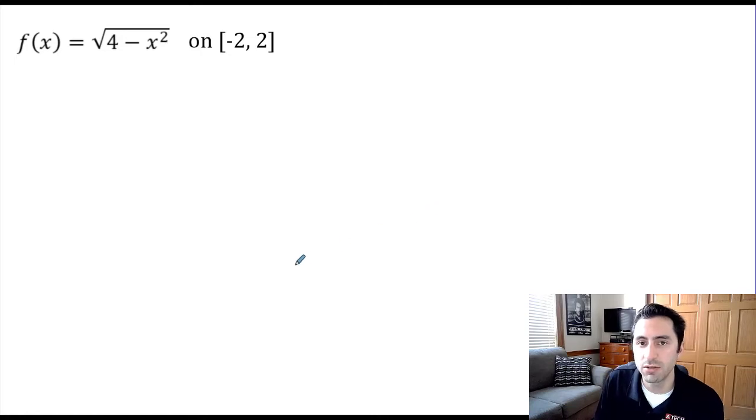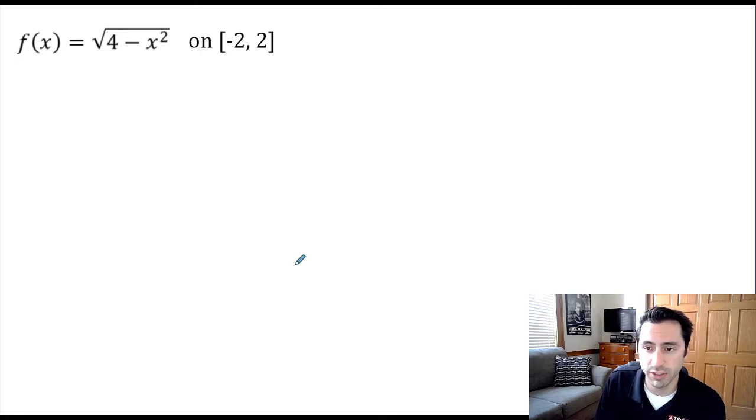So we can still use our three-part definition of continuity to help us test this out. The first piece of that definition was that our values have to be in the domain of our function. So let's take a look at the domain of our function first and make sure our interval is in there.